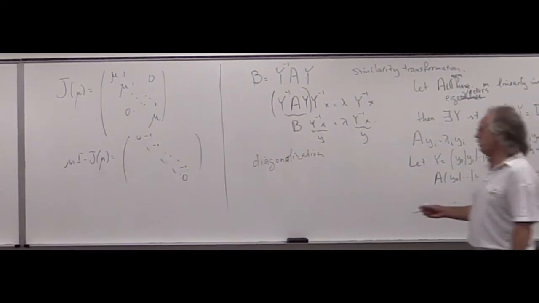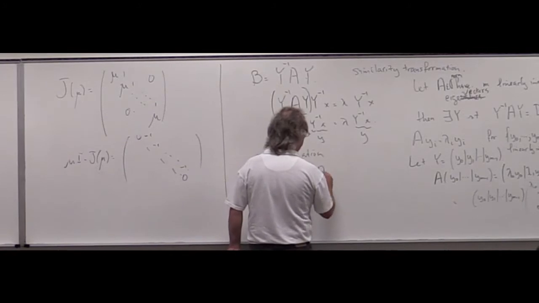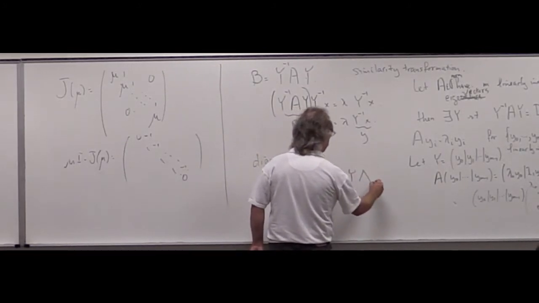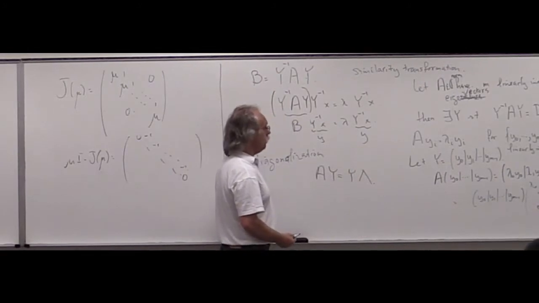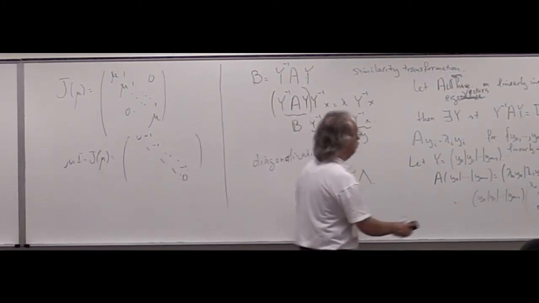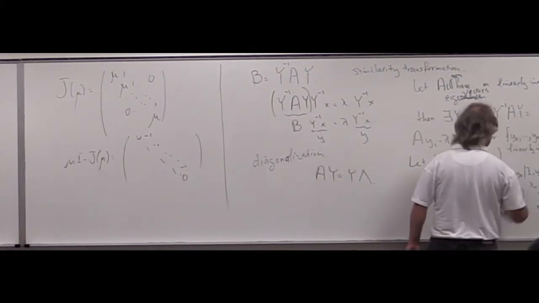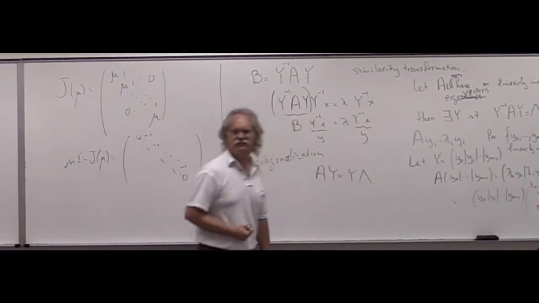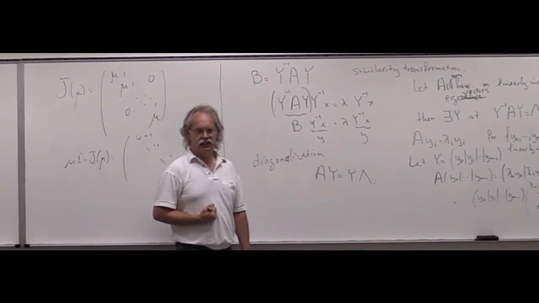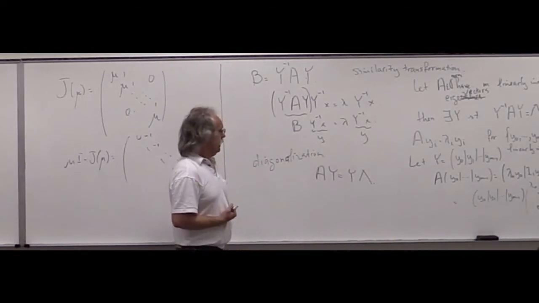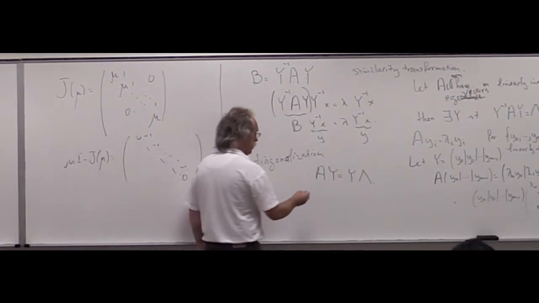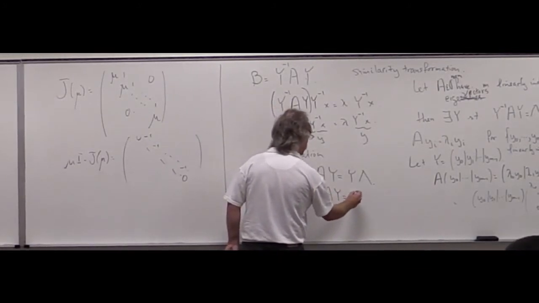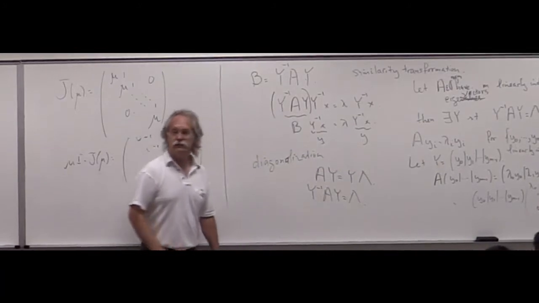So what do we have now? We have that A times Y is equal to Y times some matrix, let's call it Lambda. Okay? And then because Y is invertible, we know that Y inverse A Y is equal to Lambda.